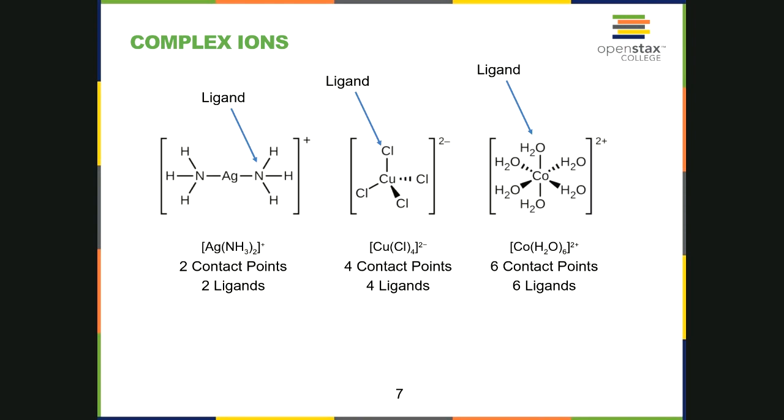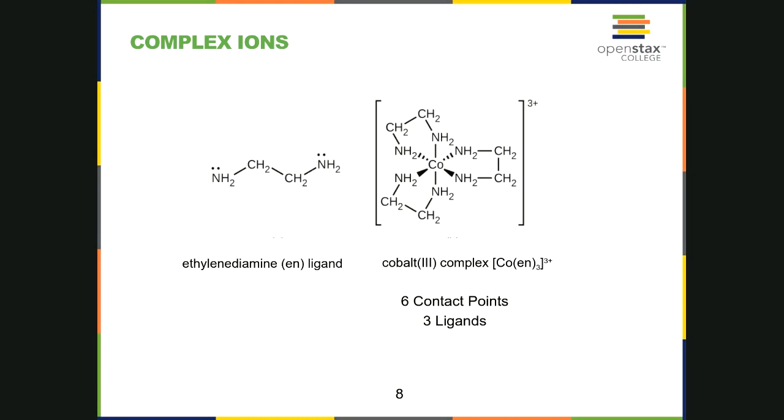So what we're going to see going forward, we're going to just start falling into this pattern. You're either going to have 2 contact points, 4 contact points, or 6 contact points. Those contact points can come from 2 ligands, 4 ligands, 6 ligands, or like we're seeing over here, can come from 3 ligands.